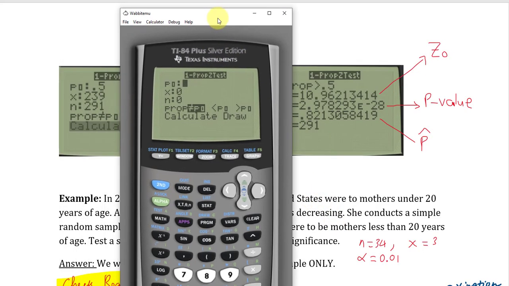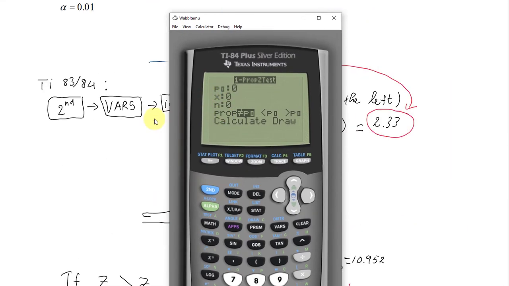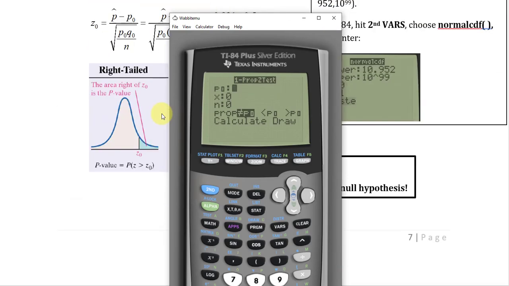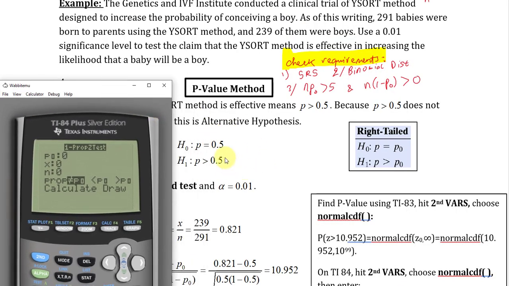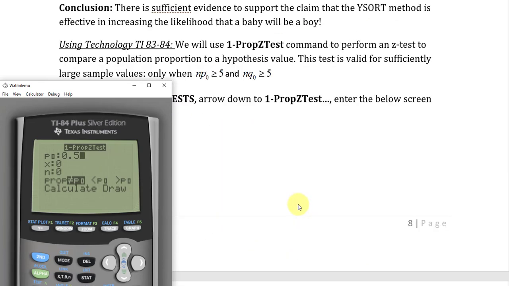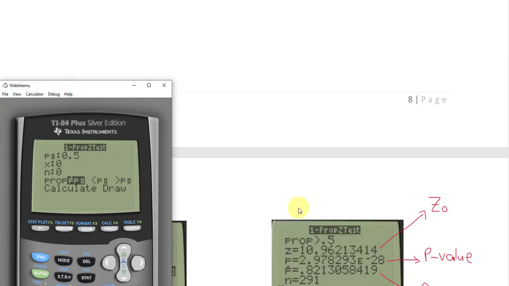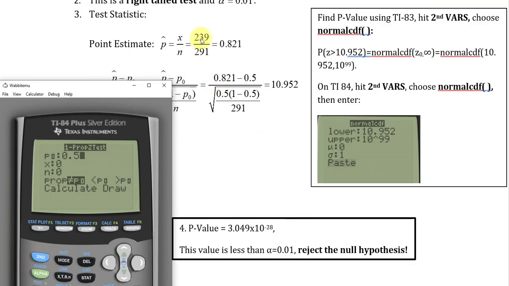Alright, so remember your p0 we got earlier. Remember p0, it is 0.5. So input 0.5, and then your x is the subject, and that is the x value we got earlier, 239. The sample size is 291.